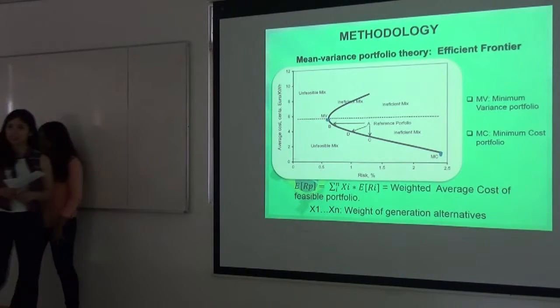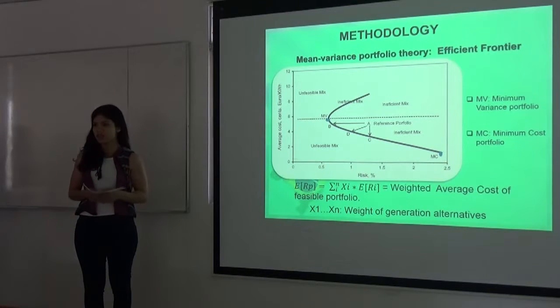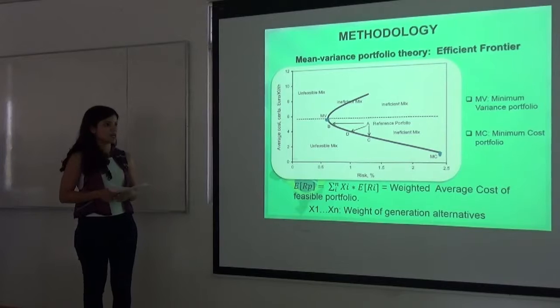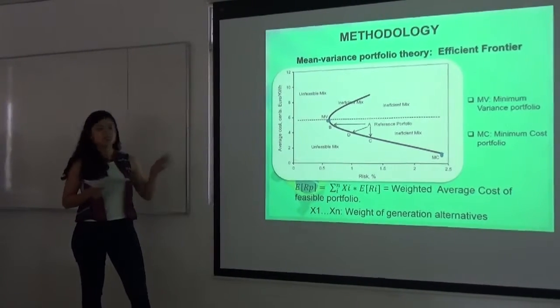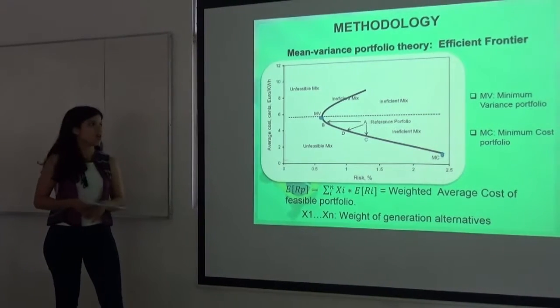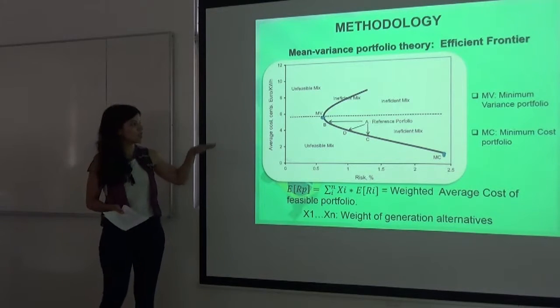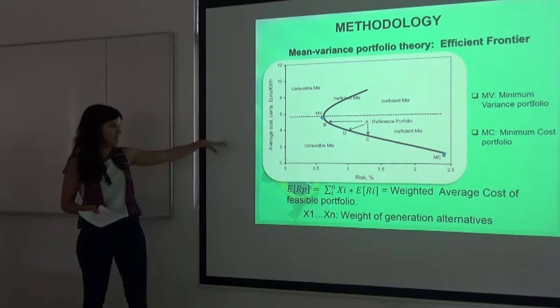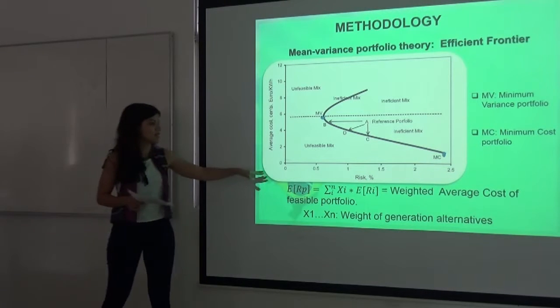The methodology applied is the mean variance portfolio theory to calculate the efficient frontier for power generation technologies in Brazil. Each portfolio is an electricity generation mix that has an associated average cost plotted along the y-axis and a measure of risk plotted along the x-axis.